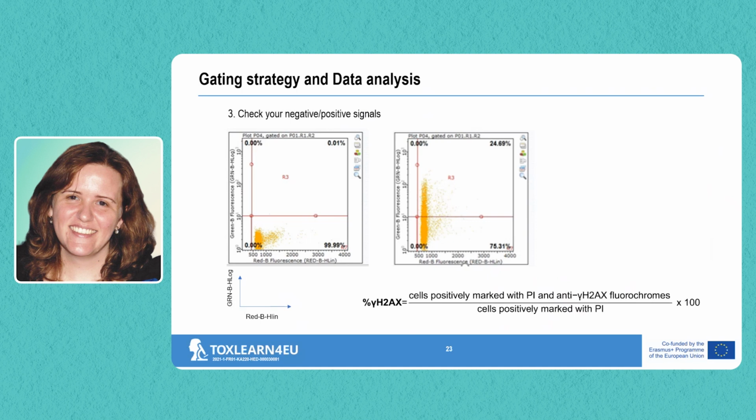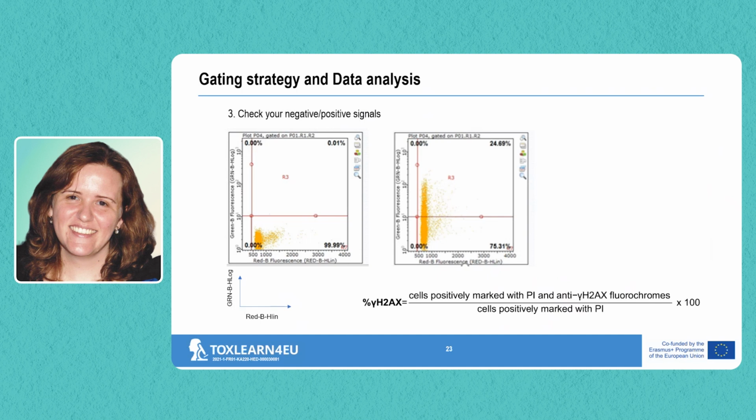So here we are looking at PI labeling, okay, propidium iodide. So we have here the ones with no staining and the ones that are stained. So these are nucleated cells. And then we have here the labeling of Alexa Fluor. So what is labeling our phosphorylated H2AX, okay?